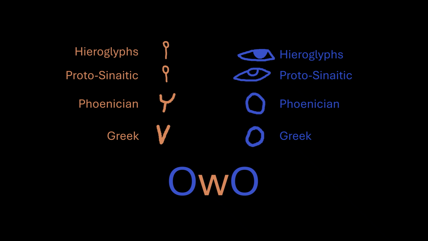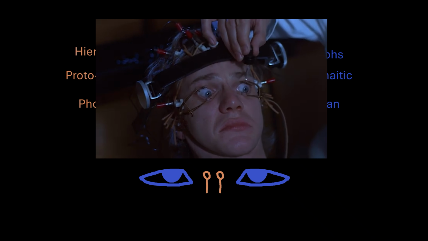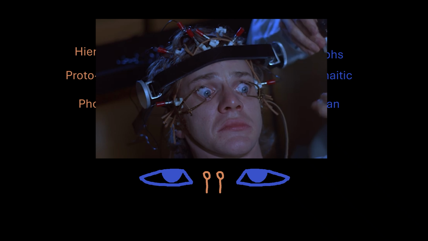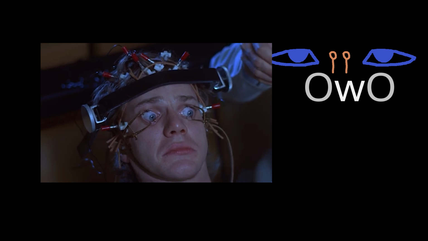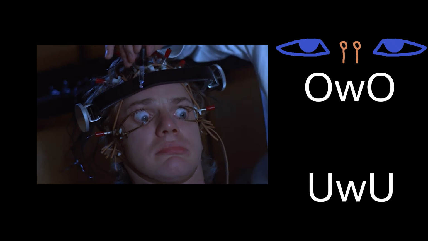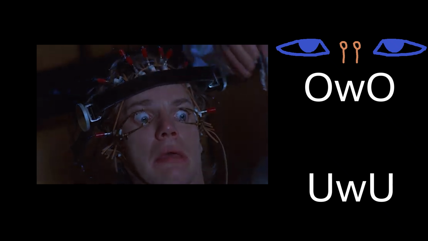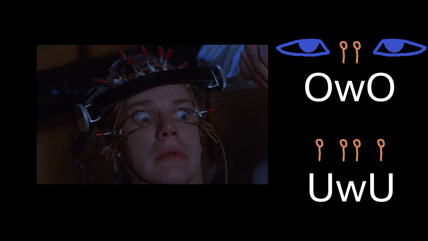It's hard to tell what this hieroglyph was supposed to represent, but Egyptologists can tell us it was supposed to depict a hook, giving OwO the historical meaning of eye, hook, eye, which doesn't suggest much, besides maybe the removal of ultraviolence. With OwO meaning eye, hook, eye, we can also see the more popular variant of UwU being U, then double U, then U, meaning hook.